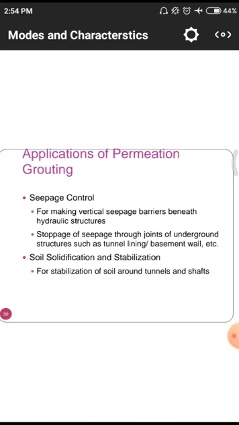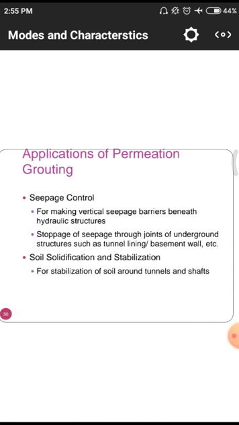In this also we have two different varieties. First one is for making vertical seepage barriers beneath the hydraulic structures. Second one is stoppage of seepage through joints of underground structures such as tunnel lining, basement wall, etc. And the second condition is soil solidification and stabilization.